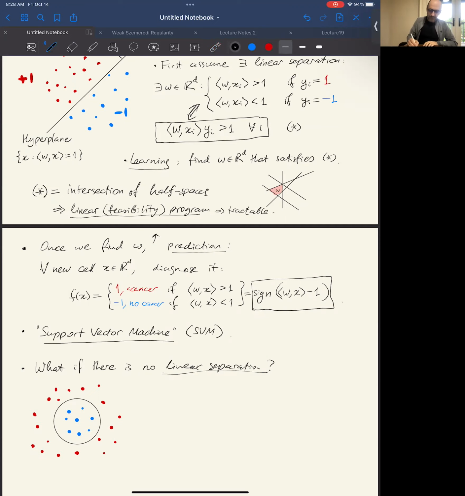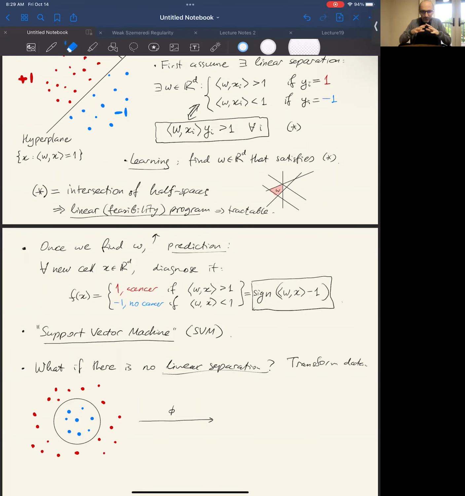So we would like to transform the data so it becomes linearly separable. Just build this map phi. And it's actually obvious in this picture how to do this.